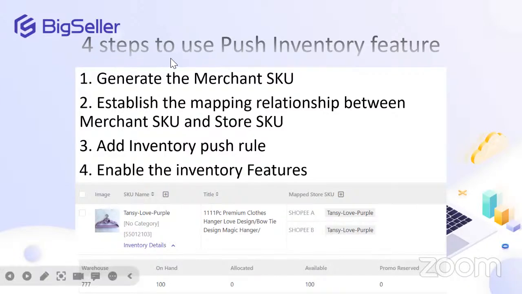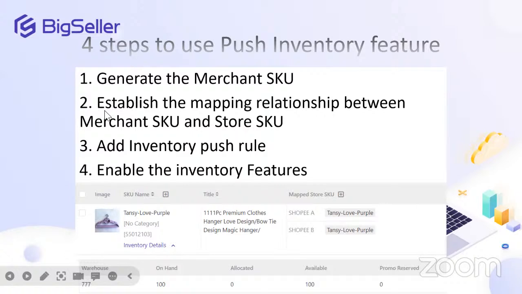Okay, here are 4 steps to use the push inventory feature. The first step is to generate the merchant SKU on our Big Seller. Here, the SKU name on the left is what we call the merchant SKU. This is the SKU that we give this item on our Big Seller, just like the item ID number on Big Seller: Big Seller ID number, merchant SKU.